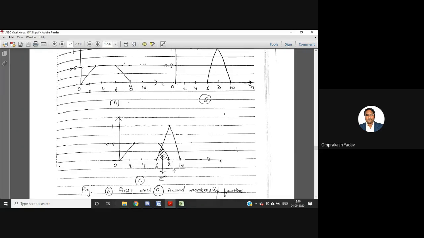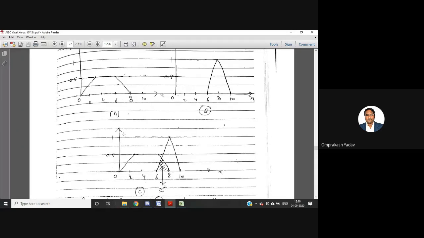In this particular method, we directly apply the formula on the input sets. On each input set we calculate the area of this one and this one, and then we divide by the total of the areas. But in this particular problem, what will happen if we calculate the area of this shape? The total area will be till here, till 8. Then again we calculate the area of this one, and we add both the areas together.